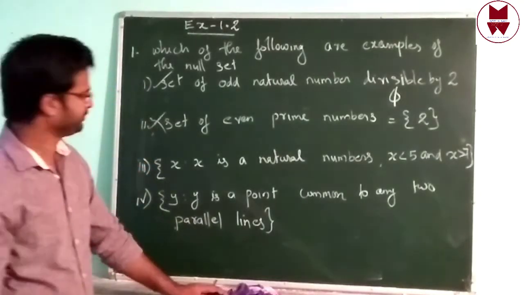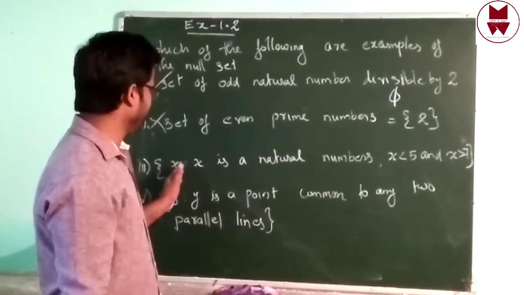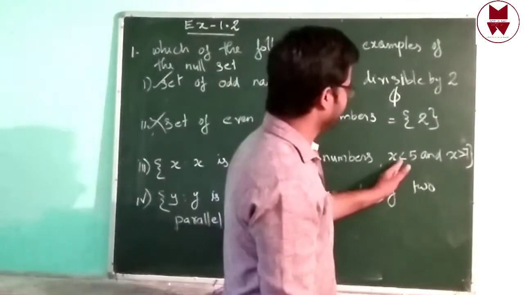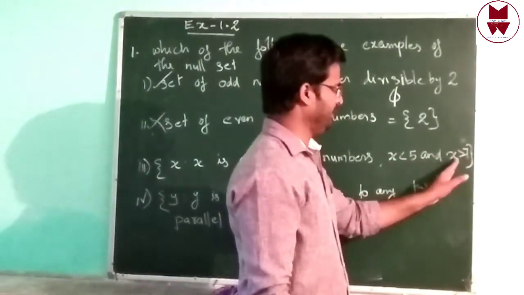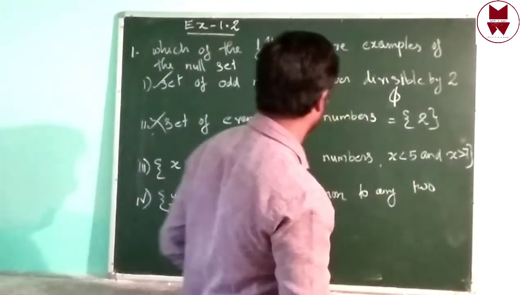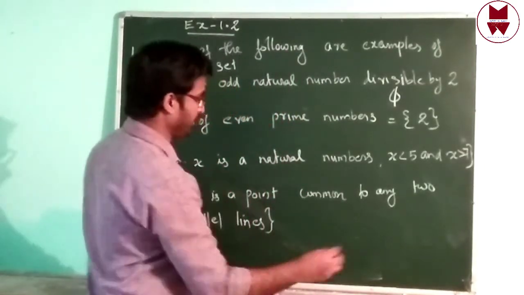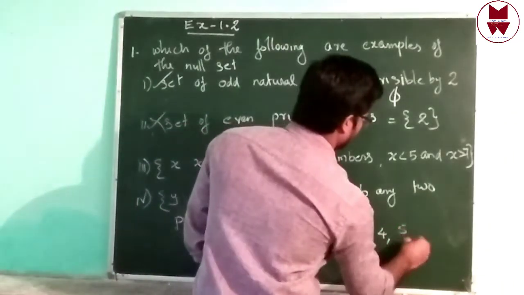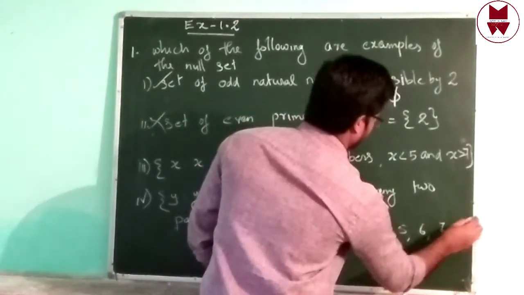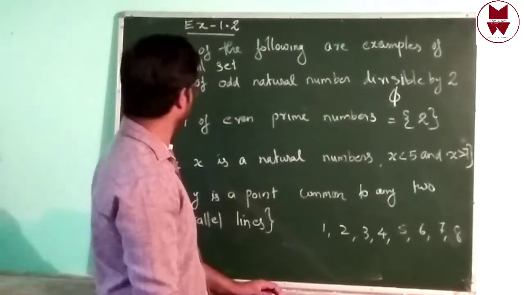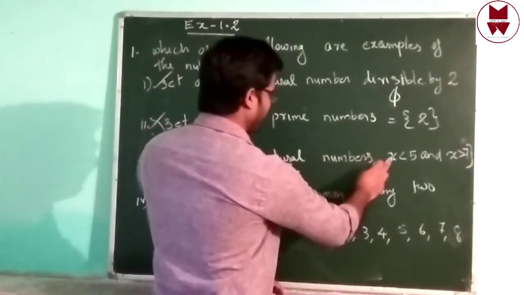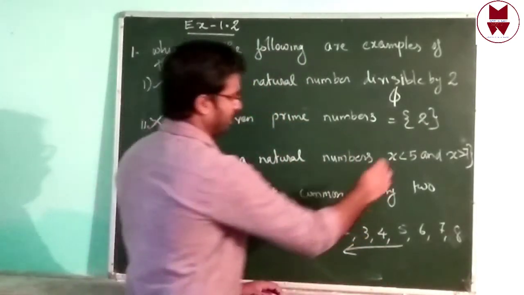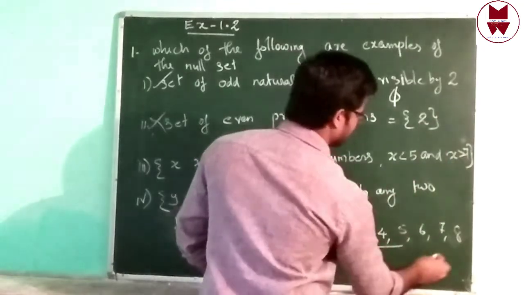Now Roman number 3. Set X, set of x such that x is a natural number, x less than 5 and x greater than 7. What will you get? Check it on the number line: 1, 2, 3, 4, 5, 6, 7, 8. This is like our natural numbers. Then the condition given is x less than 5, that means this side, and x greater than 7 from here.